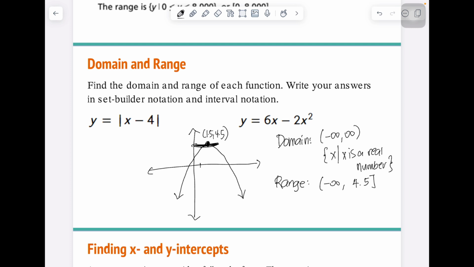Okay? Or in set builder, that would be y such that y is less than or equal to 4.5. All right, I hope you got the domain and range.